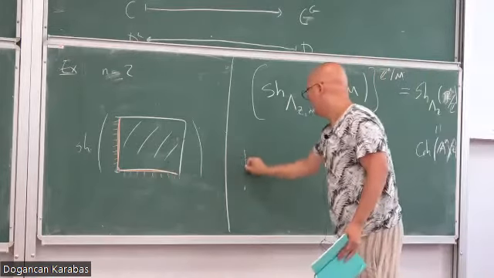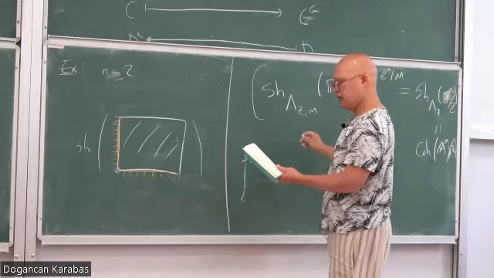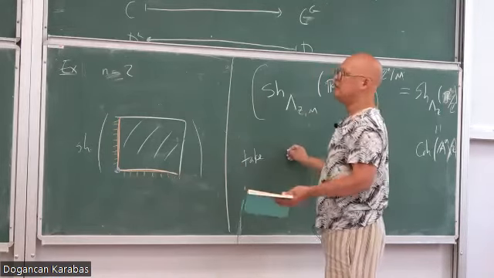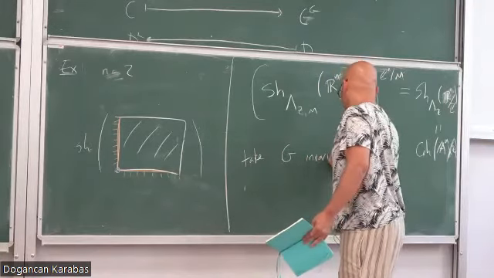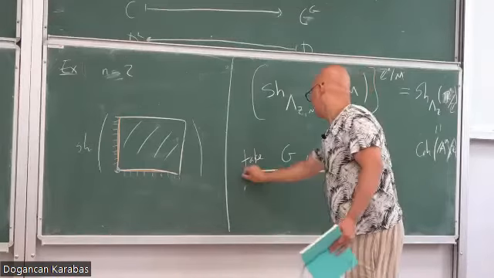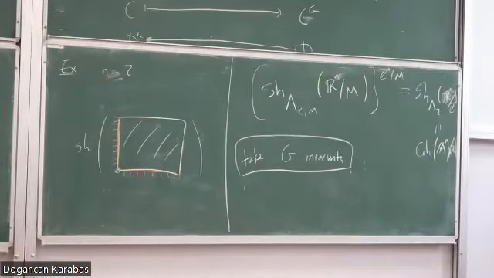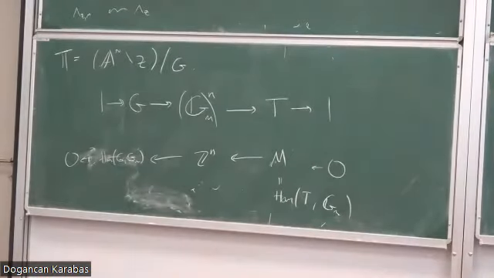Now I take G invariants. G is this G. Taking G invariants is what I had wanted to do here, so that's good.